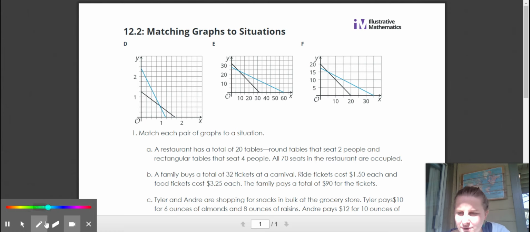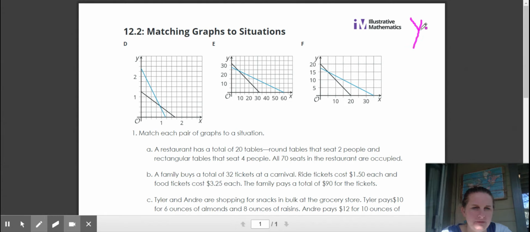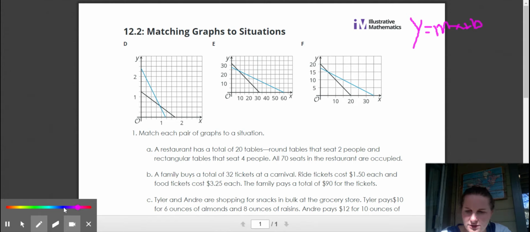All right, guys, we are going to try to finish this problem. Remember we left off, we had the equation y equals mx plus b. Again, apologies for my messiness. Then we had two equations we came up with: y plus x equals 20.